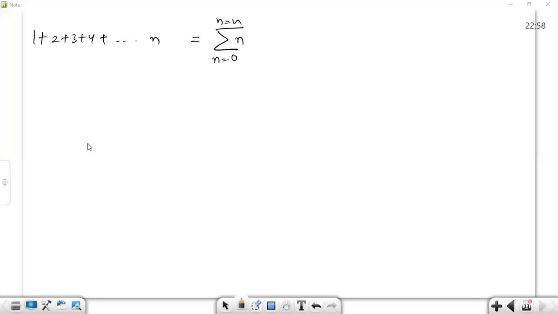No, sir. So basically what is happening? There's a mistake here. n is starting from 1. So when n equals 1, the output is 1. When 2, then 2, then 3, then 3. Clear? Clear about the sigma operator? Yes, sir.